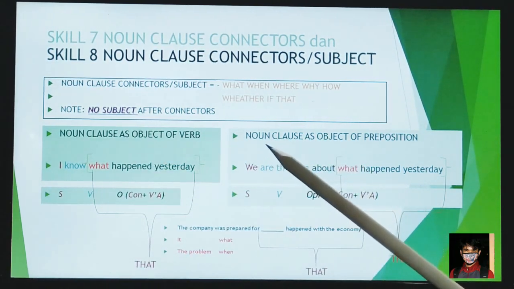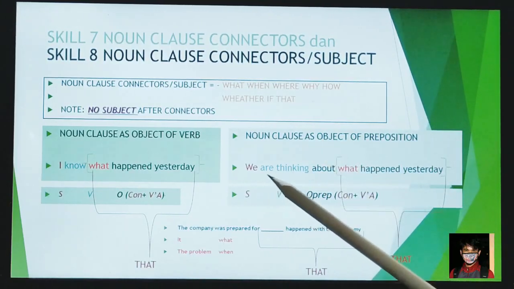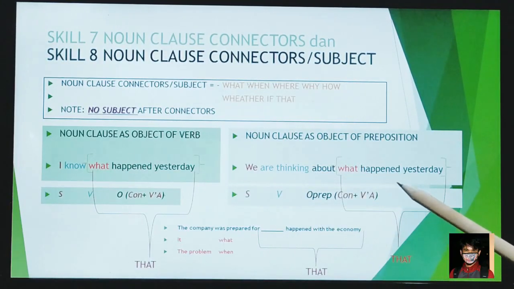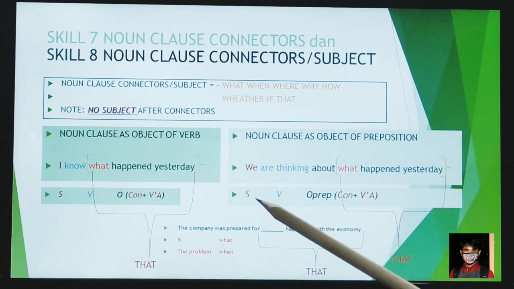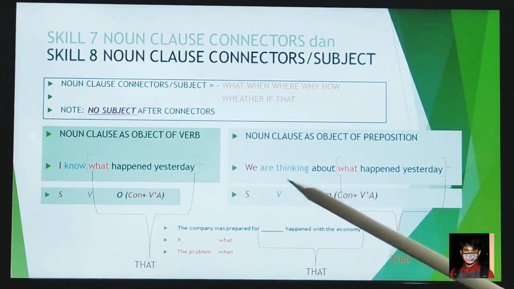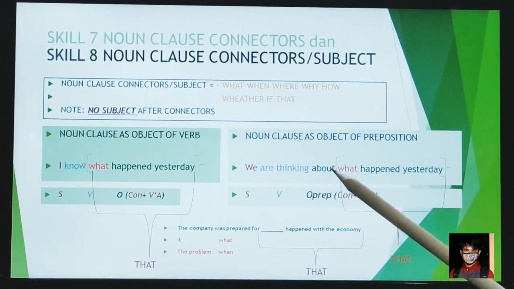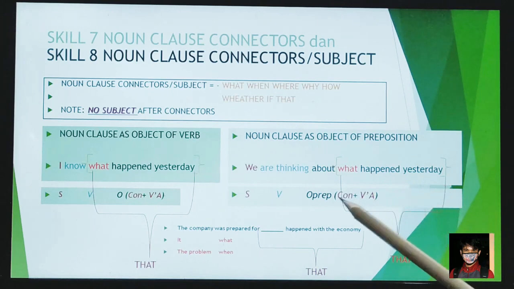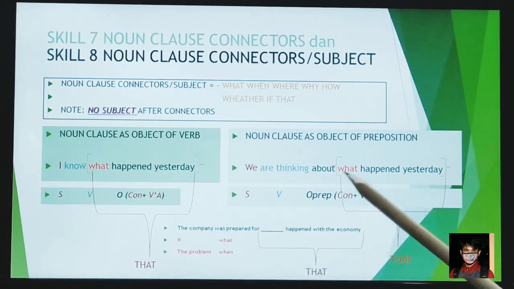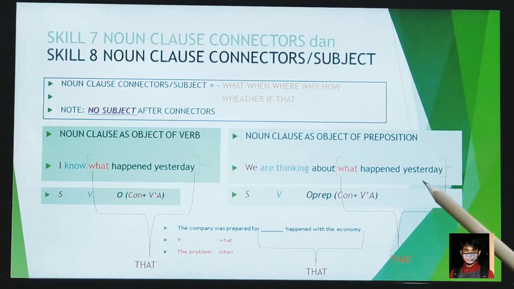For number 2, noun clause as an object of preposition. We are talking about what happened yesterday. It is the same structure as the previous one. We as a subject, are thinking as a verb, about as a preposition, and this is the object of the preposition. Connector and verb, happened, yesterday as an adverb.